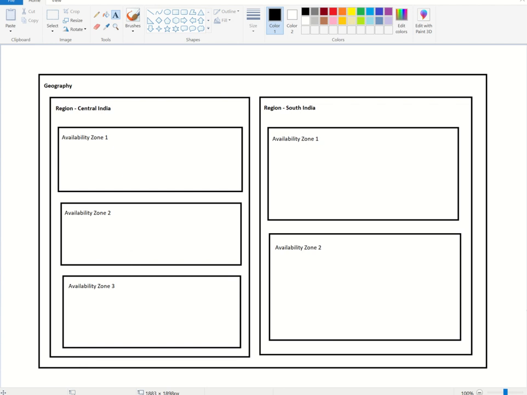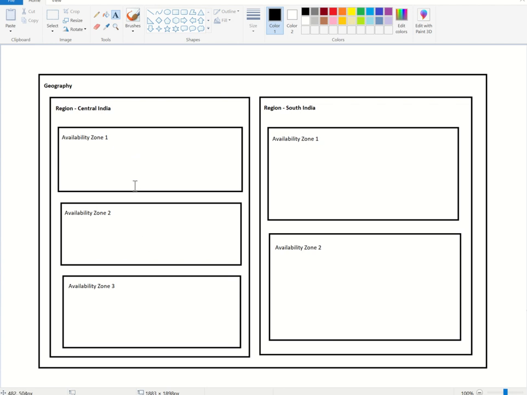There are two types of replication of data. One is zonal replication. Each availability zone maintains at least three copies of your data. So availability zone one maintains three copies, zone two maintains three copies, zone three maintains three copies. This is called zonal level. And another one is zone redundant.